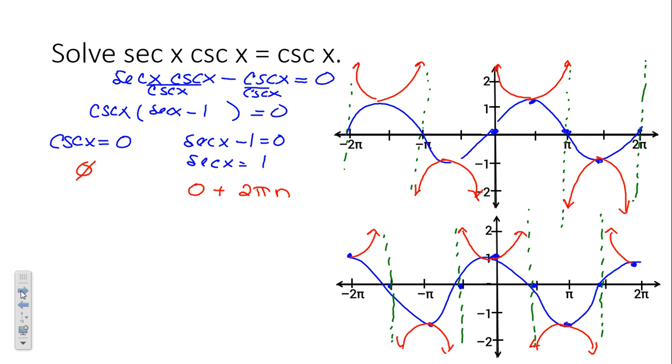Does that make sense to everybody? At 0 and 2 pi and 4 pi and 6 pi, and negative 2 pi, negative 4 pi, negative 6 pi, that's our n. And it's just giving us integers to multiply by 2 pi.